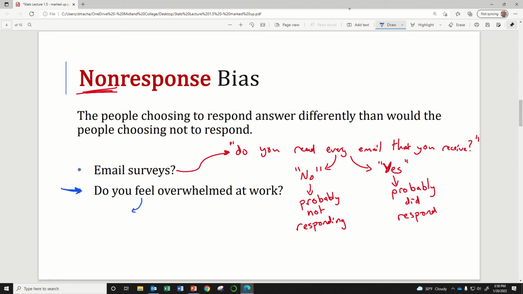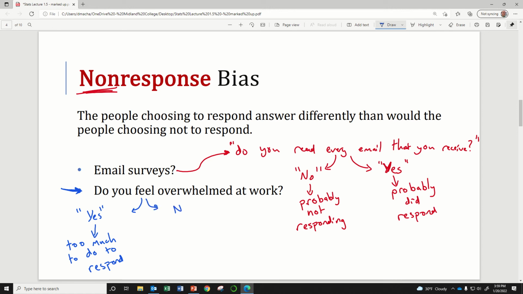The people who do feel overwhelmed at work may have too much to do while they're at work in order to have time to respond. So they're actually not going to respond to the survey if they feel overwhelmed and they have more important things to do.